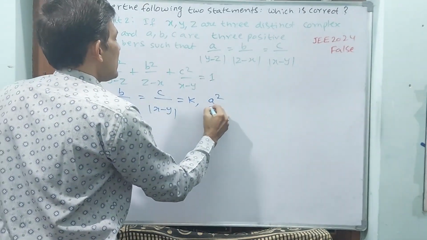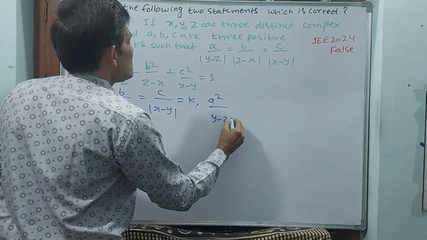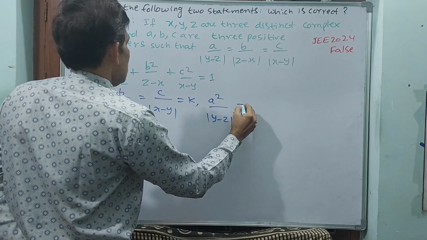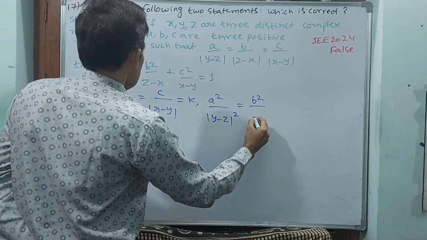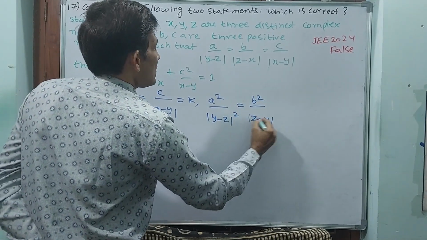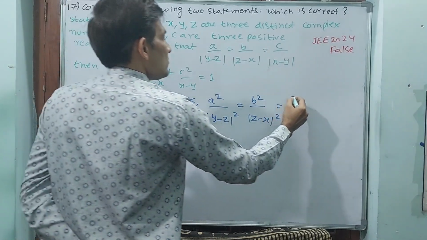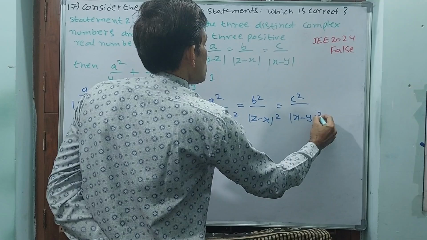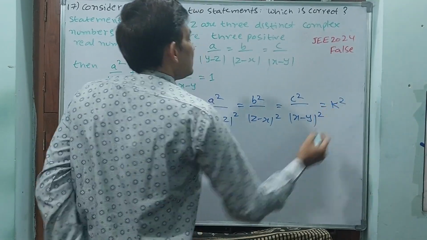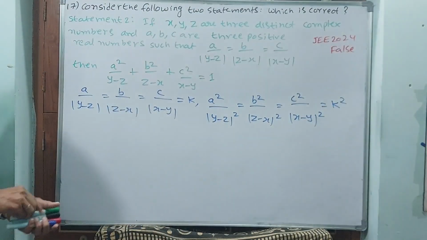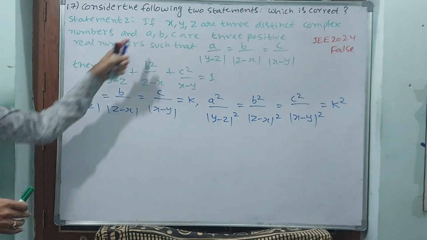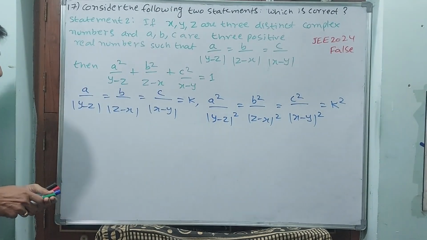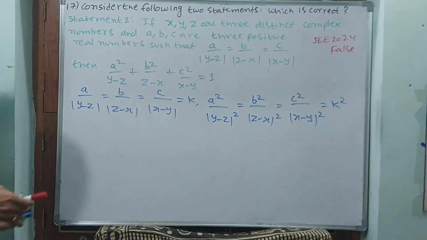A square by modulus y minus z square is equal to B square by modulus z minus x square, that is equal to C square by modulus x minus y square, that is equal to k square. Here k is also a constant, like the real numbers ABC.